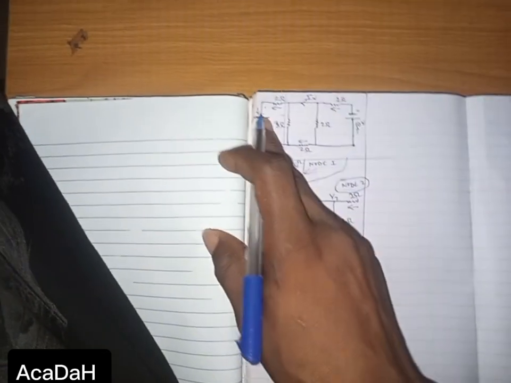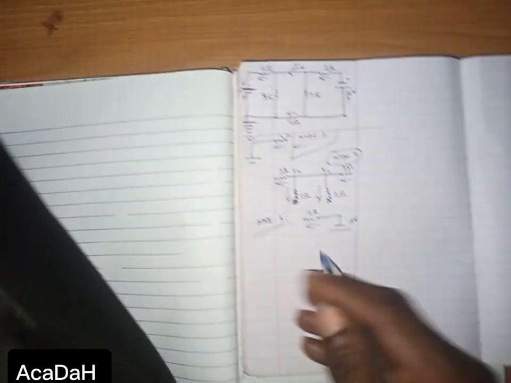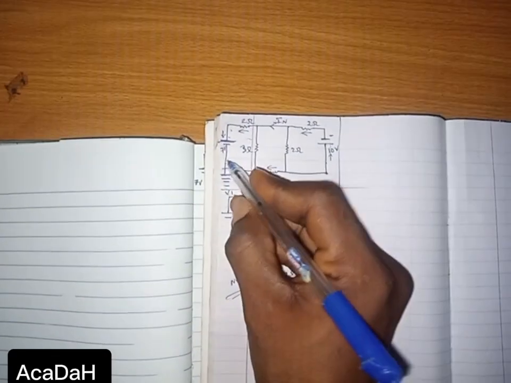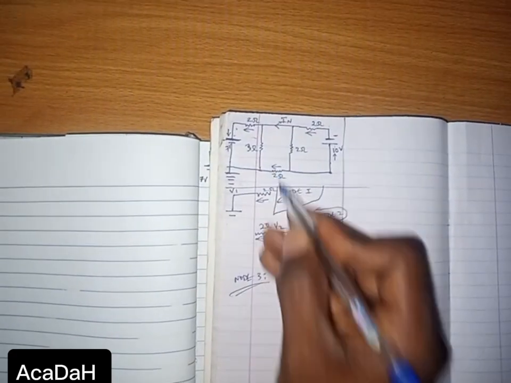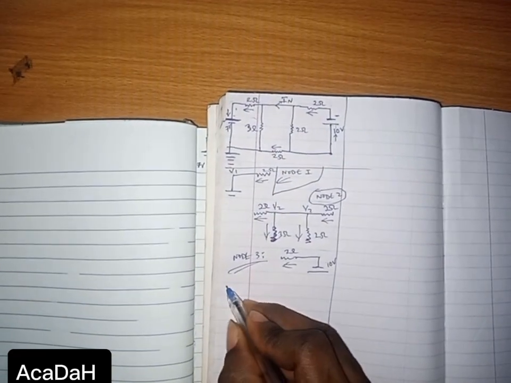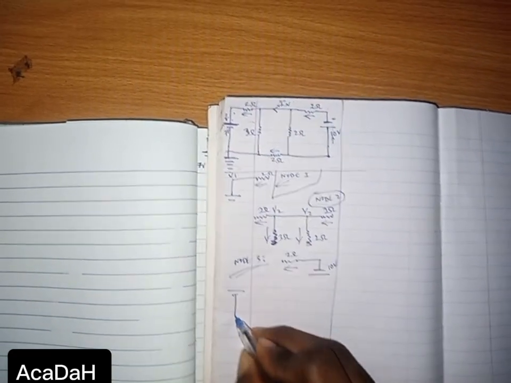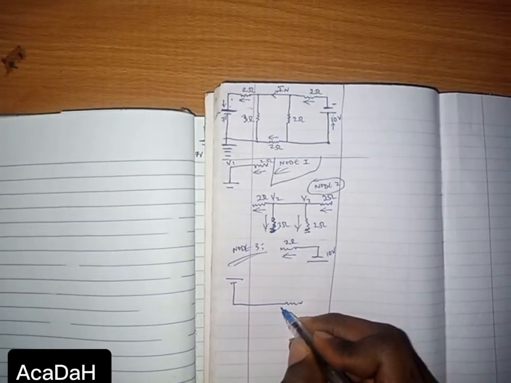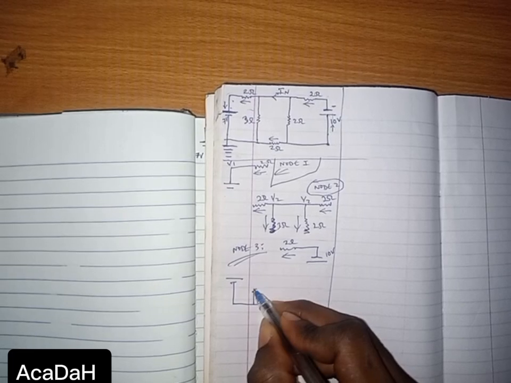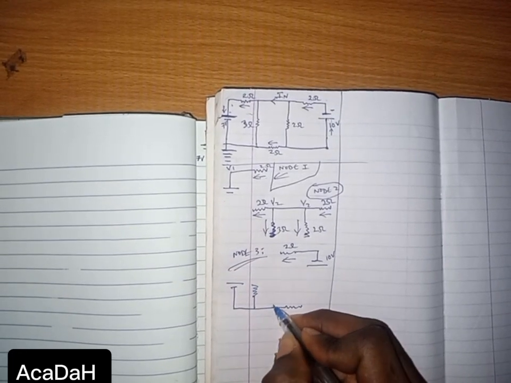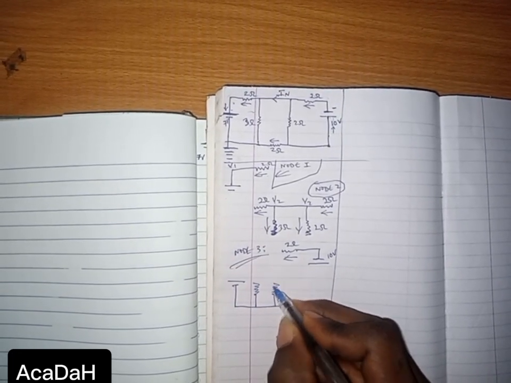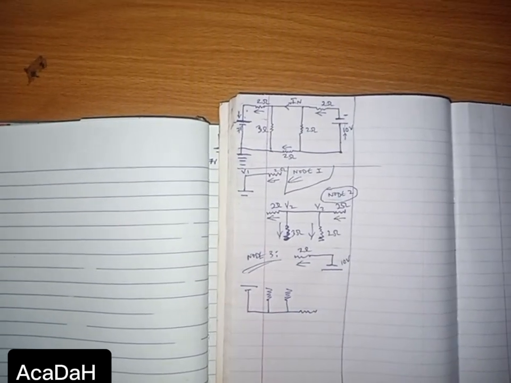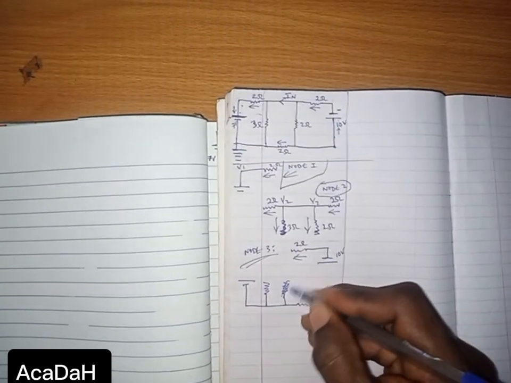So let's do node 4. You start from up, then do ground. Node 4 should be from this voltage down to this place. What am I doing? There's only one that entered it.